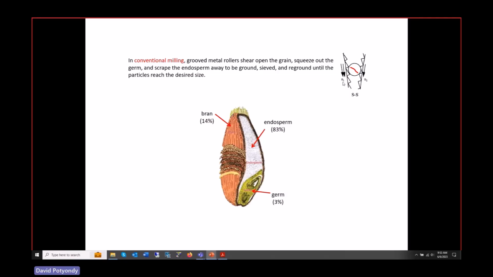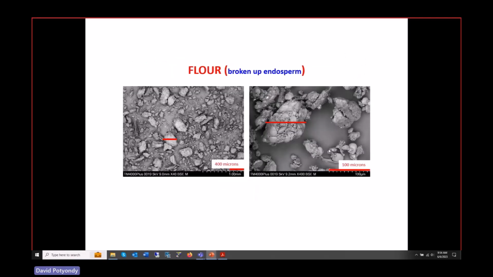This one rolls faster than this one. The result is the kernel gets pinched between these teeth, and now it's like a Brazilian test, and it naturally splits into two. That's how flour milling works. If you zoom in to the endosperm, here you can see 400 microns. All right, this is very small.